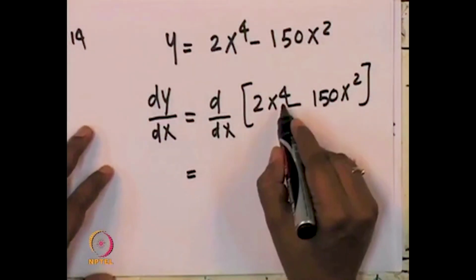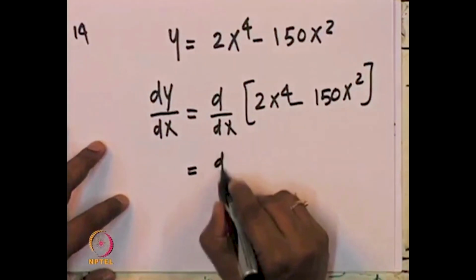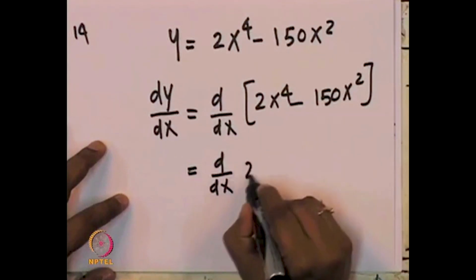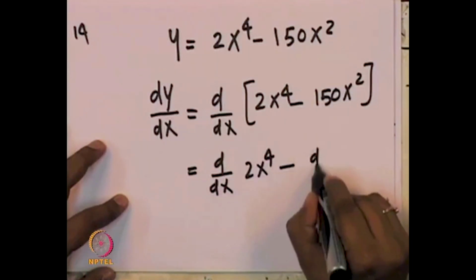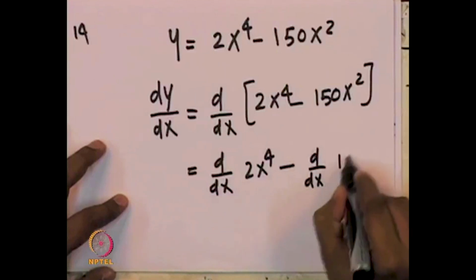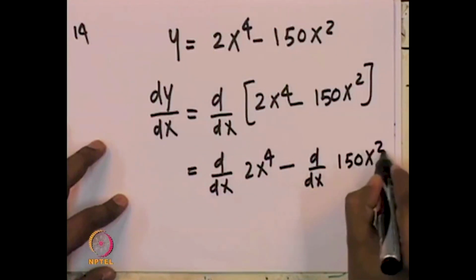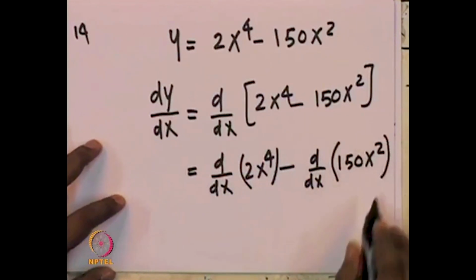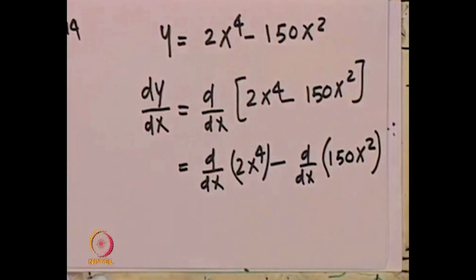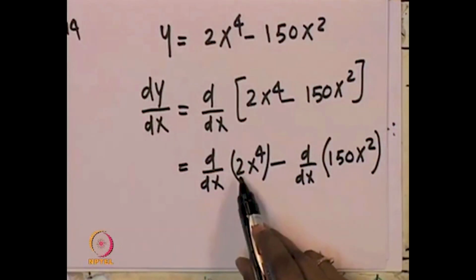So first is d by dx of 2x power 4 minus d by dx of 150x square. 2 is a constant, we can take it outside.